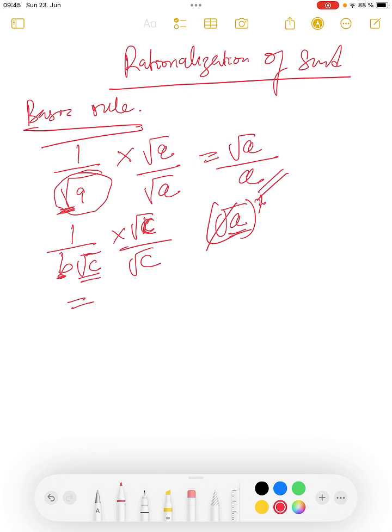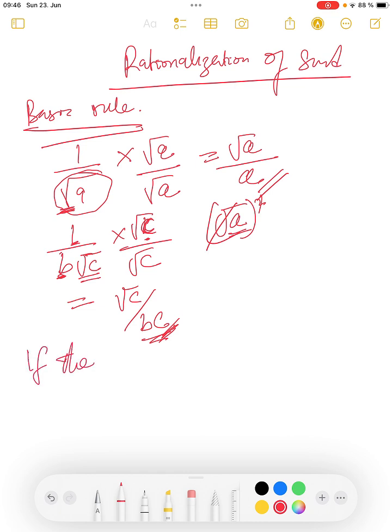So you have 1 times root c, which is root c, all over b root c times root c, which is bc. Of course, root c times root c is c, times b, bc. So you need to understand this is the basic rule.